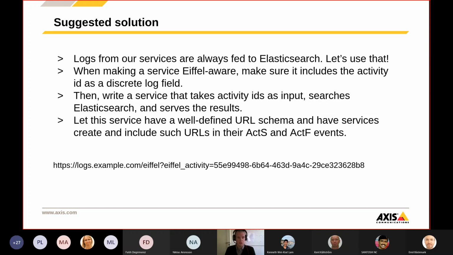Then we can write a service that takes one activity ID as input, searches Elasticsearch or potentially some other service wherever we store logs, and then serves the results to the client.